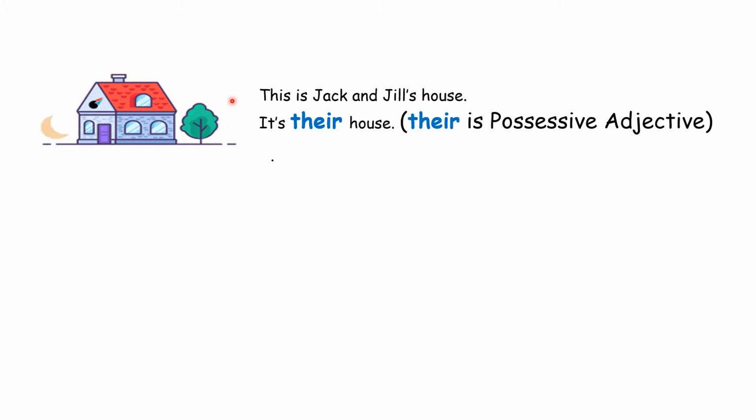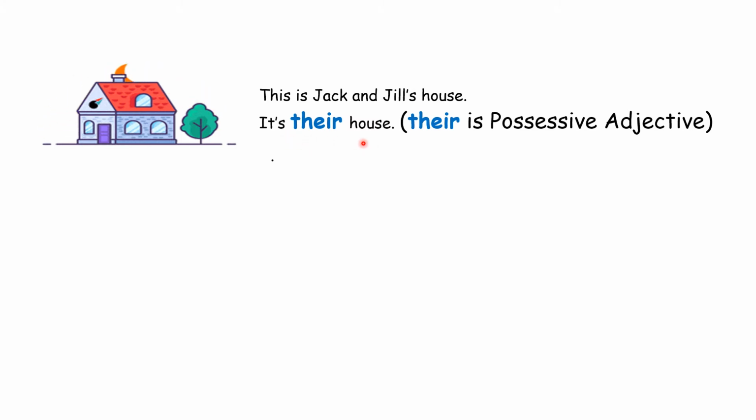Let's have a look at another example. This is Jack and Jill's house. We can tell others that the house belongs to Jack and Jill by saying, "It's their house."